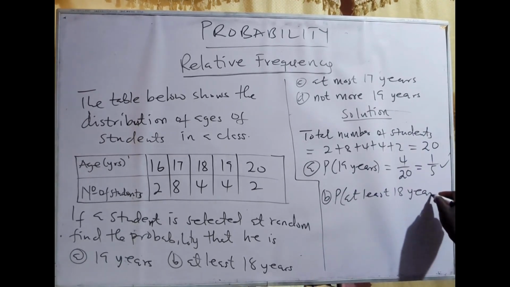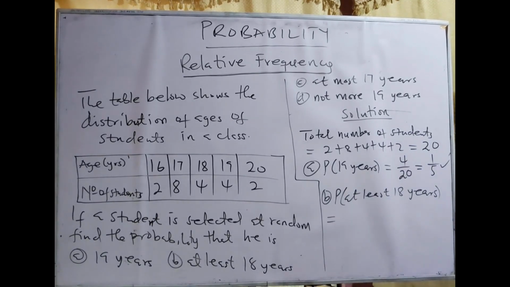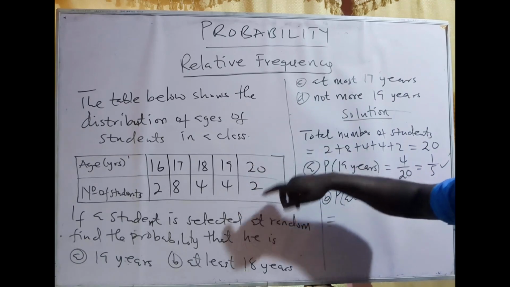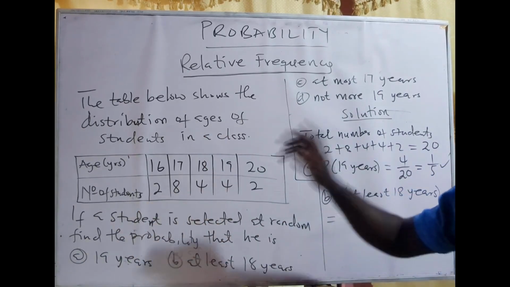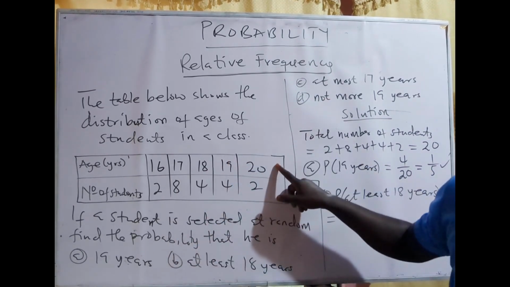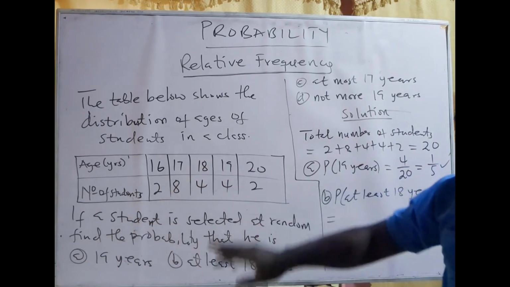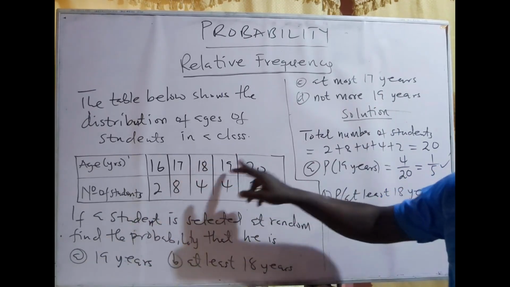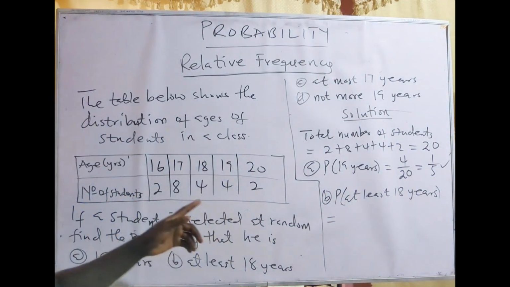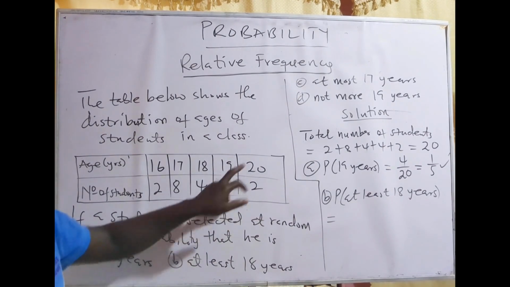And then B, probability of at least 18 years. At least 18 years means 18 years or more. If you look at the table, the highest age is 20 years. So at least 18 means 18 years, 19 years, and 20 years. So you add the number of students that are 18 and more: 18, 4 students; 19, 4 students; 20, 2 students.